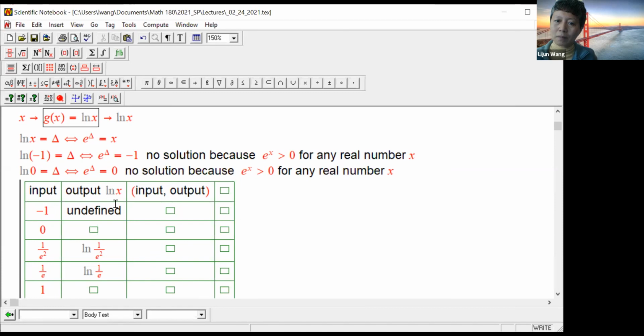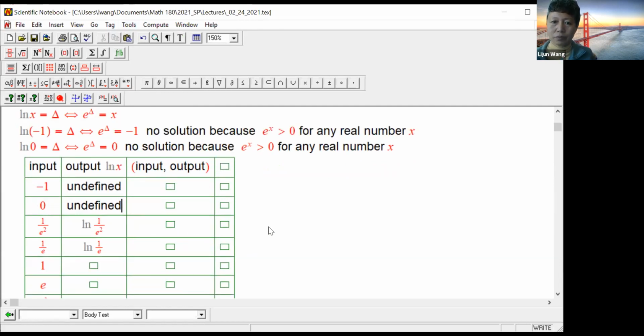A function is a rule that assigns each element in A exactly one element, f of x, in B. A is the domain, B is the range. So now we will say for the input 0, natural log x is undefined, not in the domain.